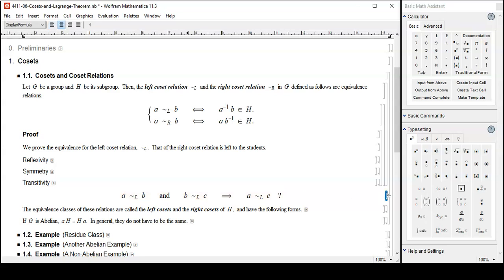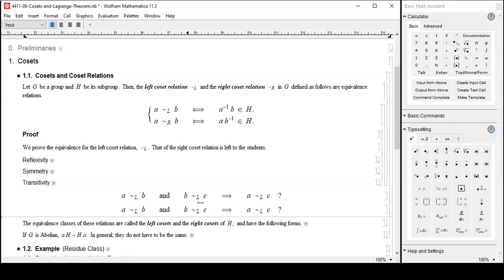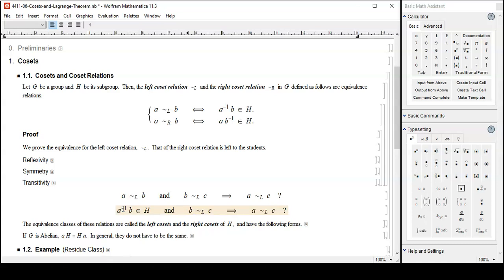Let's rewrite this in terms of the definition of the left coset. So A is related to B means this, isn't it? And then B is related to C. That means this, and then we have to prove that A is related to C. Okay, how do I prove that?